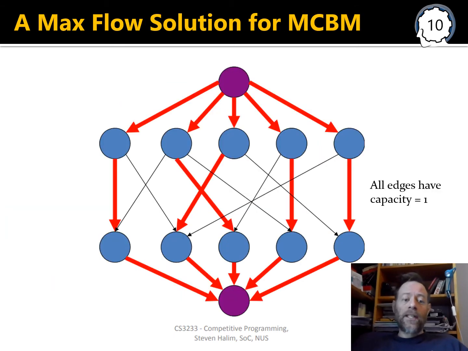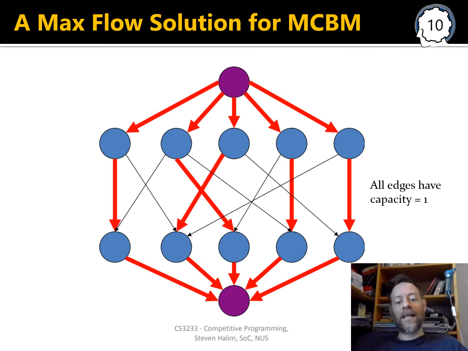So of course then the question becomes, how do you formulate the max flow problem so that you can solve the maximum cardinality bipartite matching? And actually it's quite straightforward. You have the bipartite graph in the middle, you add a supersink and a supersource, which connects all the vertices on one side of this bipartite graph, and all the edges in this problem have capacity 1.